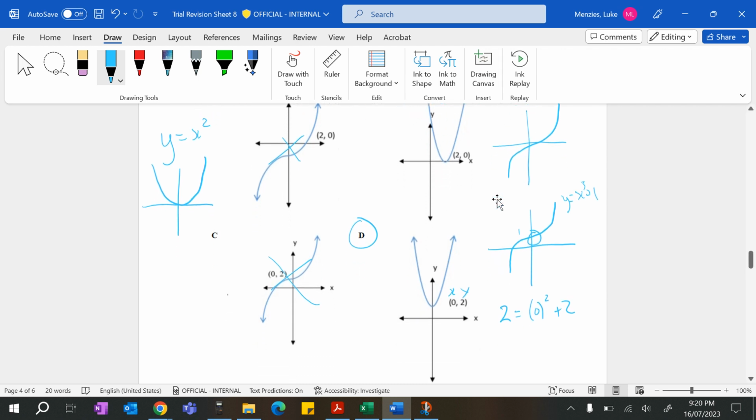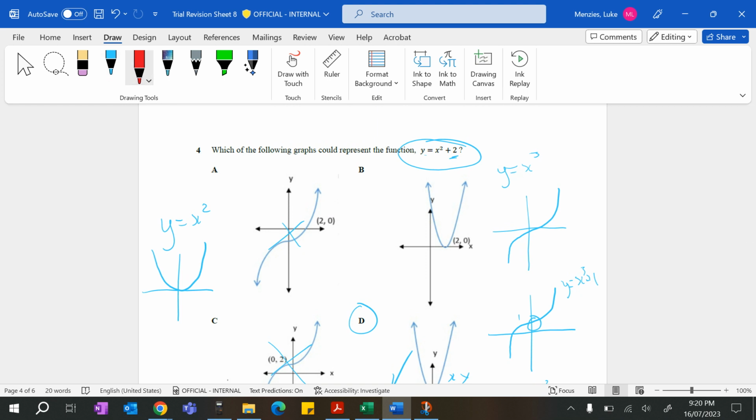And the answer there is yes, indeed, 2 is equal to 2. So that is my formula. If I had to use this one over here, I'll do it in red. This is my x and this is my y. This would say that 0 is equal to 2 squared plus 2. So does 0 equal 6? And the answer is no, it doesn't.